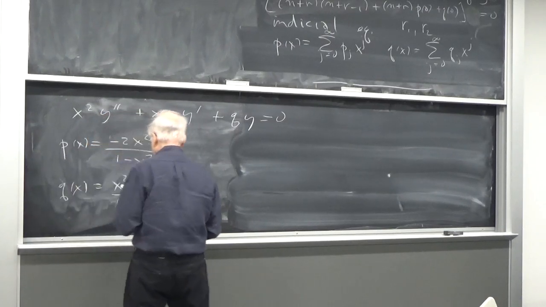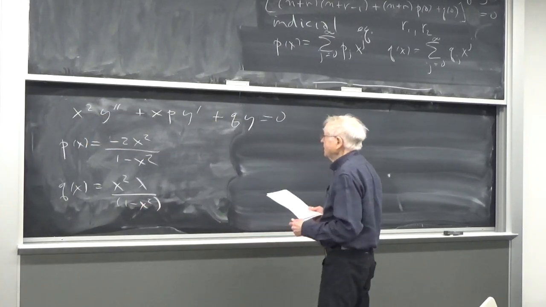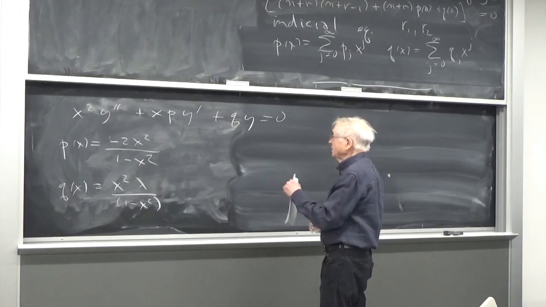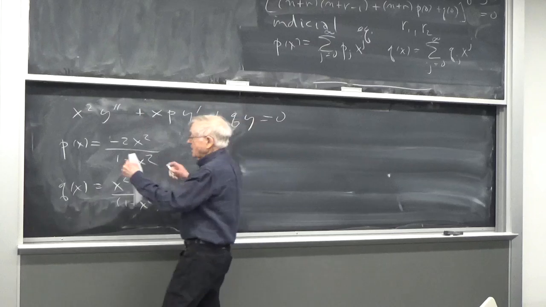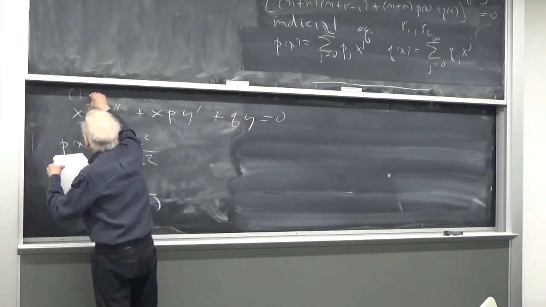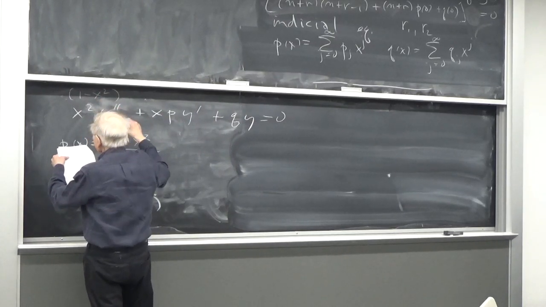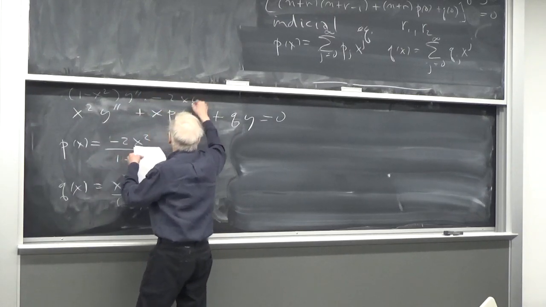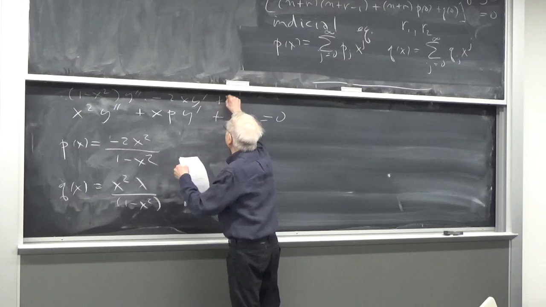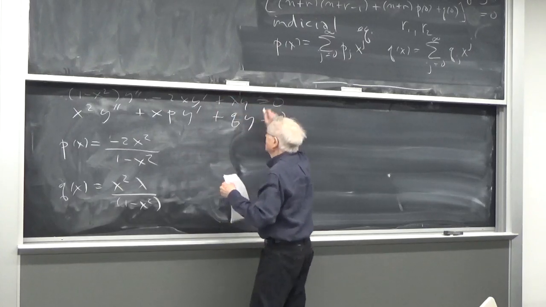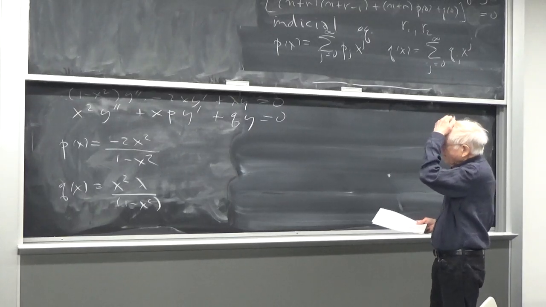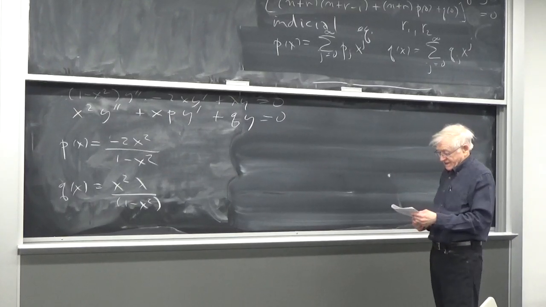And here the Legendre equation that I'm looking at is 1 minus x squared y double prime minus 2x y prime plus lambda y equal to 0. So this lambda is a sort of eigenvalue.